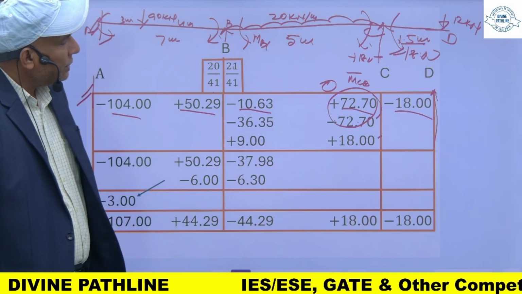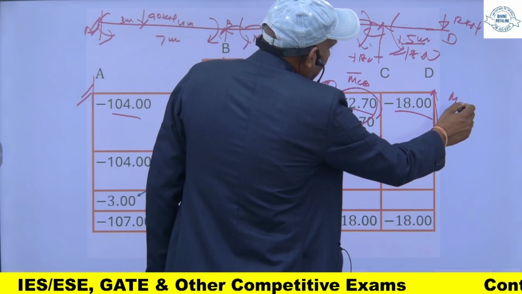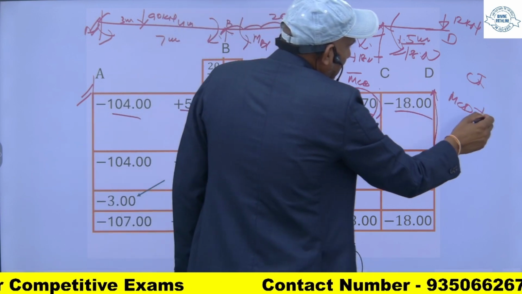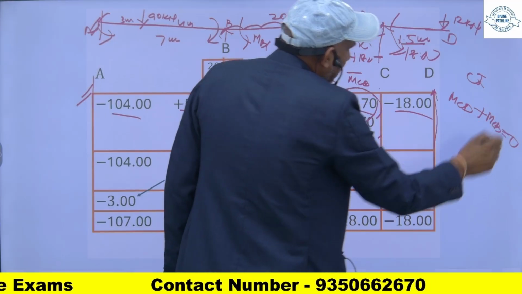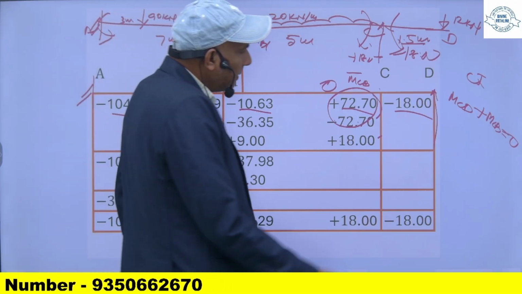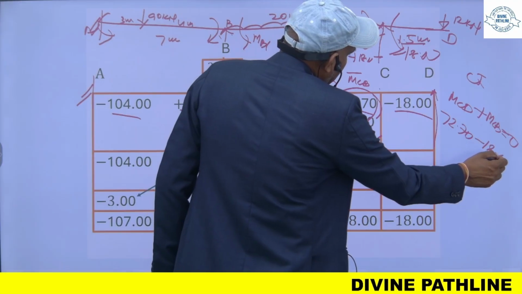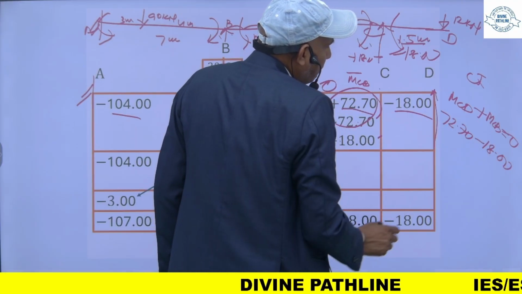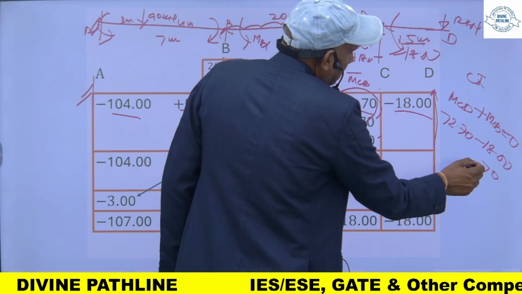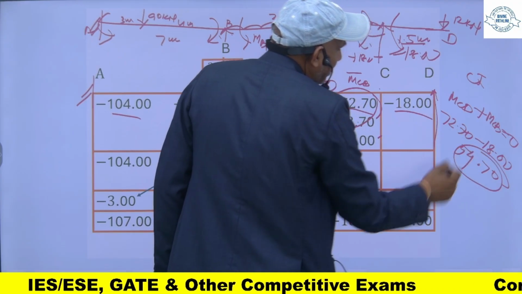Otherwise, for joint C, the sum of MCD plus MCB must be equal to 0, but this is 72.70 and this is 18. So 54.70 plus is extra.